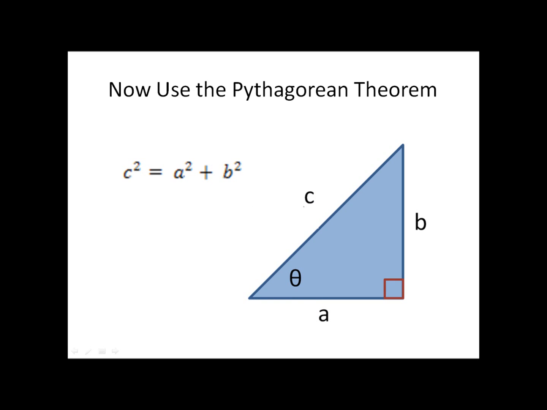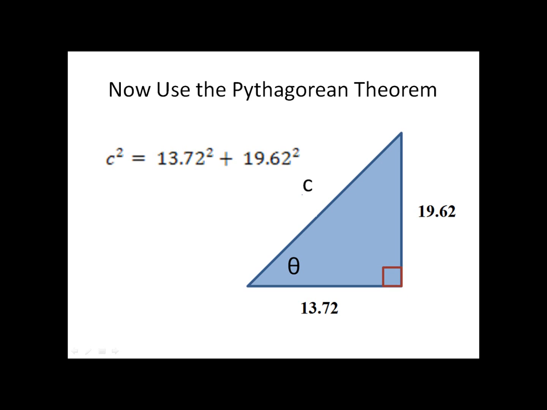Now we got to use the Pythagorean theorem. The reason being, the x and y components of velocity cannot simply add up. They have to be added up like they would in a right triangle, so we use Pythagorean's theorem. 13.72 was the initial velocity in the x. 19.62 was the initial velocity in the y. Using Pythagorean's theorem, we can find out the net initial velocity.